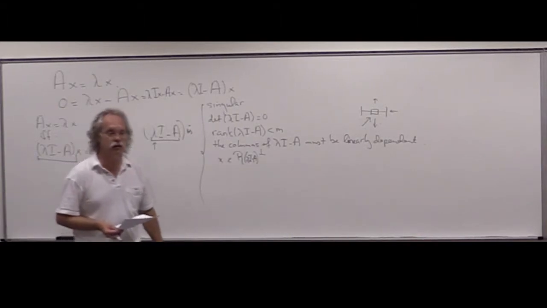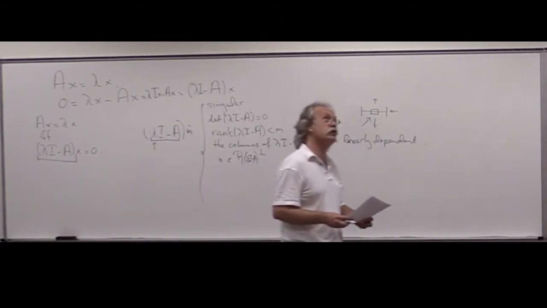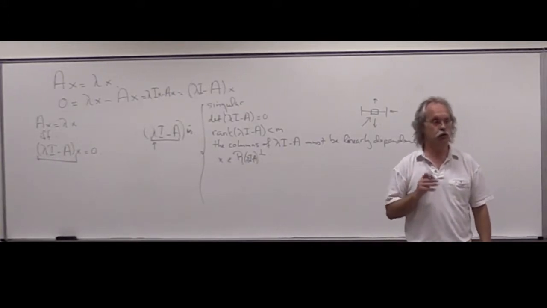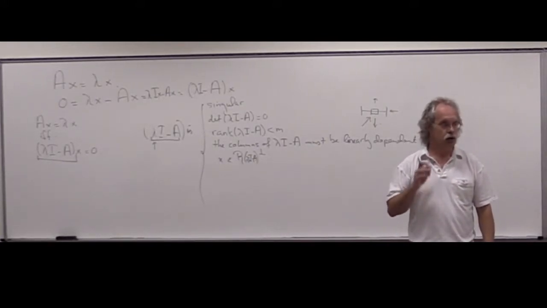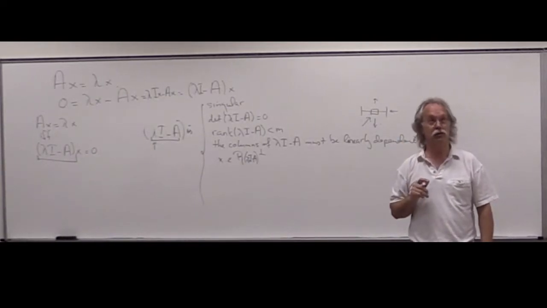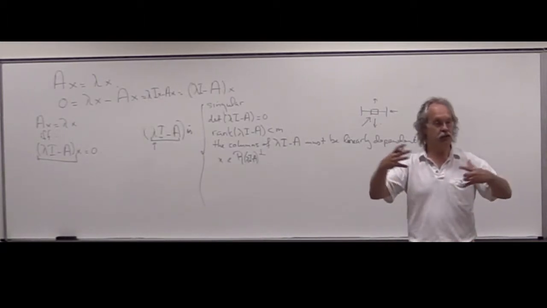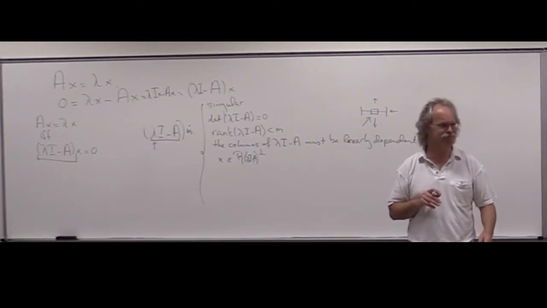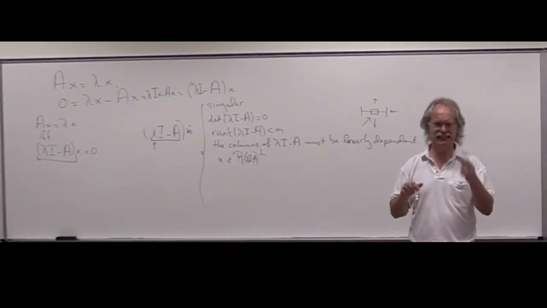Now, some undergraduate courses go into great detail as to how to compute the determinant of a matrix. There is actually a physical interpretation of the determinant. The absolute value of the determinant is the volume of the multi-dimensional parallelepiped, whatever that thing is called, I can't even pronounce it.